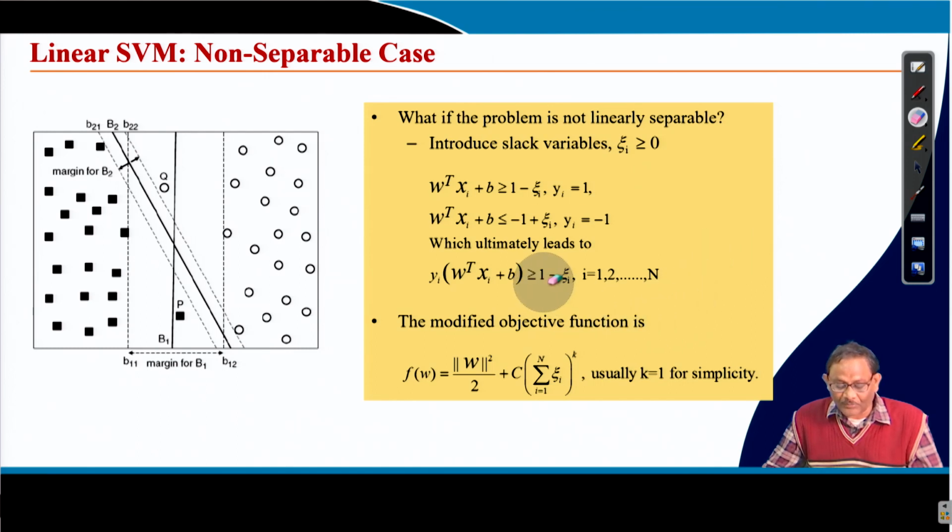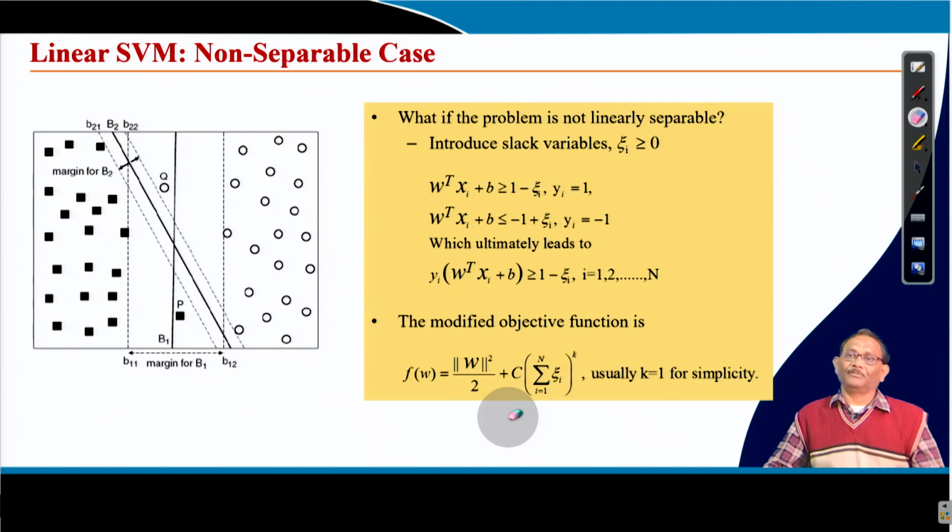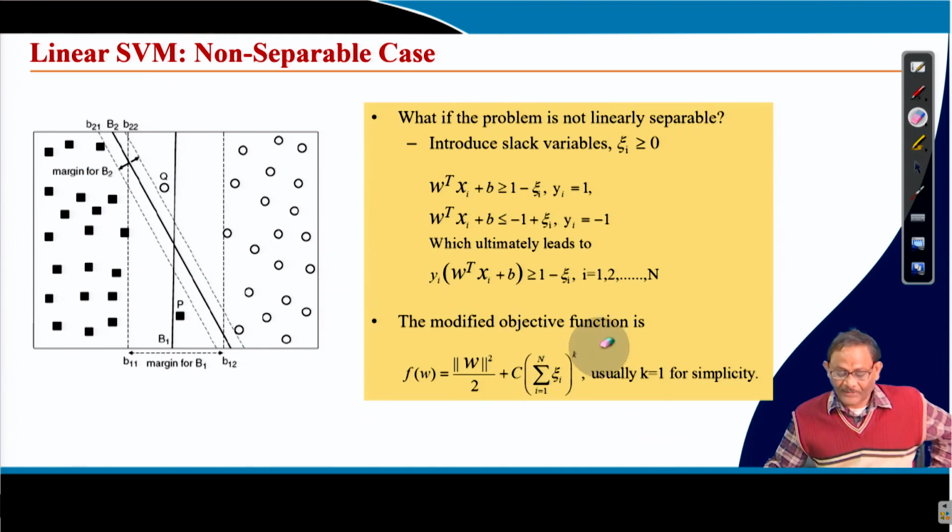Your objective function has one more term for the slack variable, and each of the hyperplane constraints as well as the joint equation also changed, taking into account the slack variable.